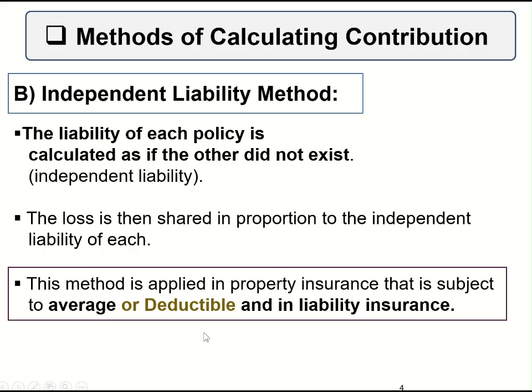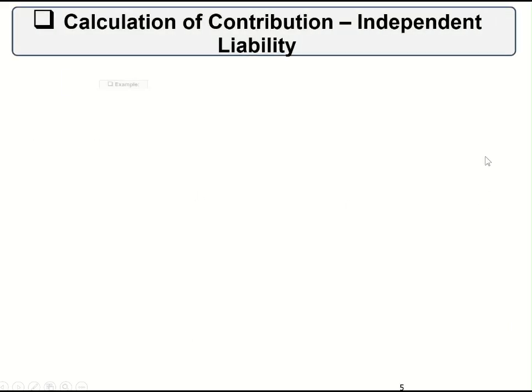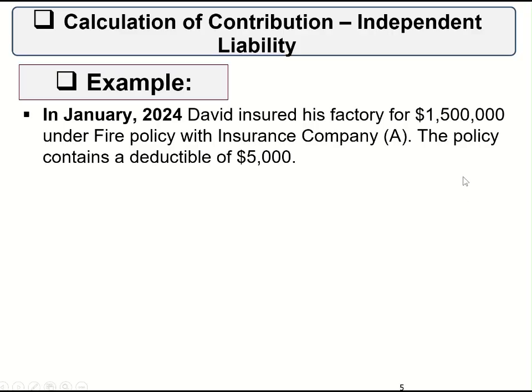For example, one policy may have a deductible or excess, the other policy may have no deductible, or even the deductibles or excess may be different in both policies. So to take into account the average or the deductibles in the policies, we have to use this method. We'll take an example to explain it more.